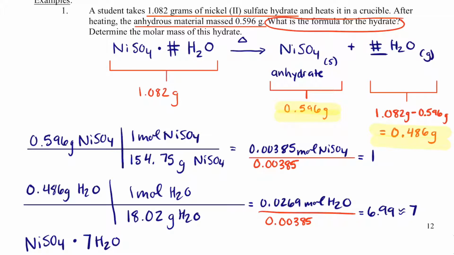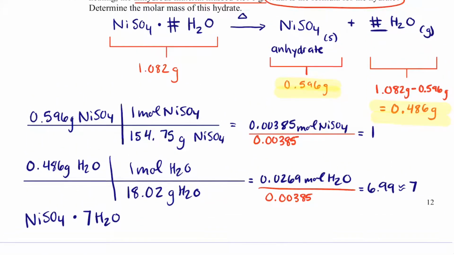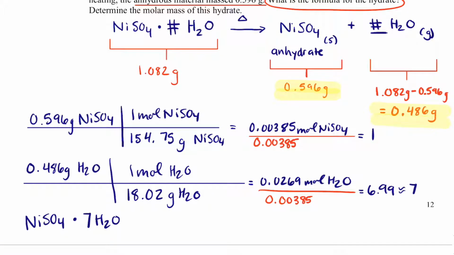And then the last part is that I need to determine the molar mass, but that's not going to be hard whatsoever. I have the molar masses. I just have to add them together. 154.75 for nickel sulfate, plus water.